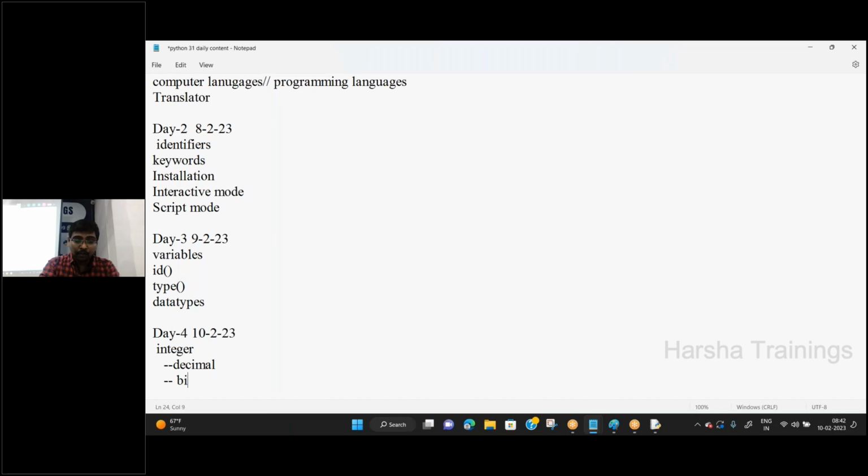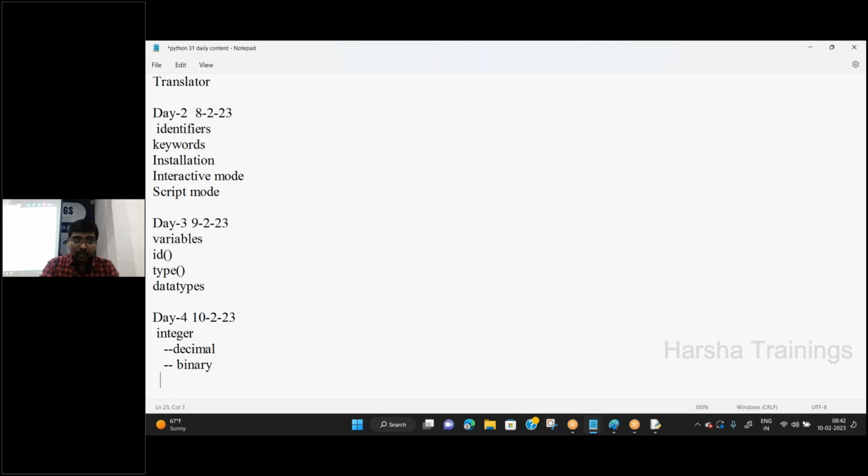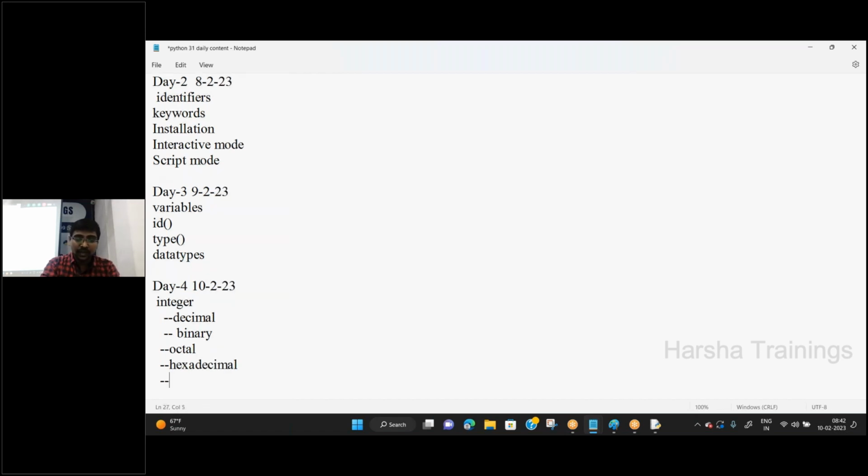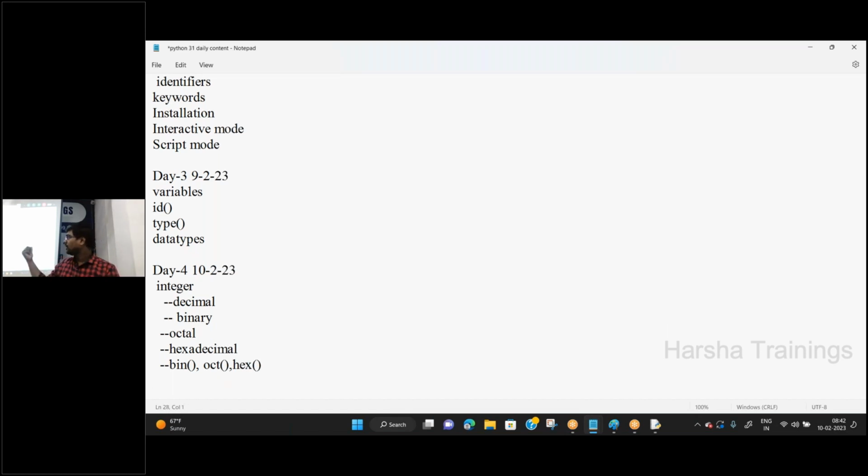Decimal, binary, octal, and then hexadecimal. And we discussed the functions bin of for binary conversion, oct of to convert into octal, and hex of to convert into hexadecimal. Whatever errors we are getting, we will discuss later. Once we complete the concept of strings, then you will understand very clearly.